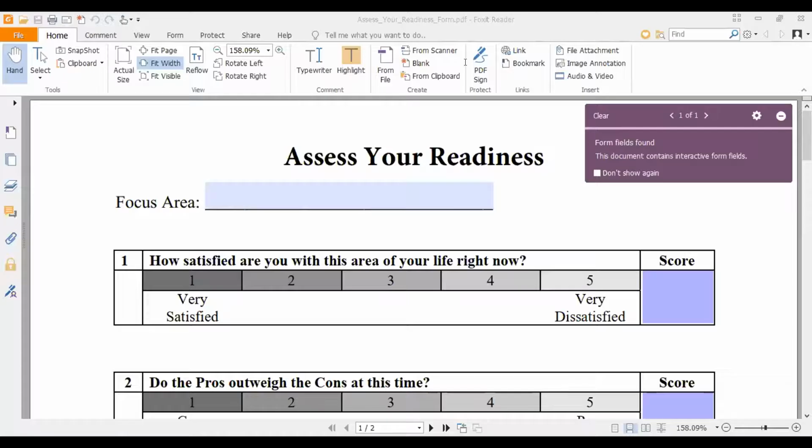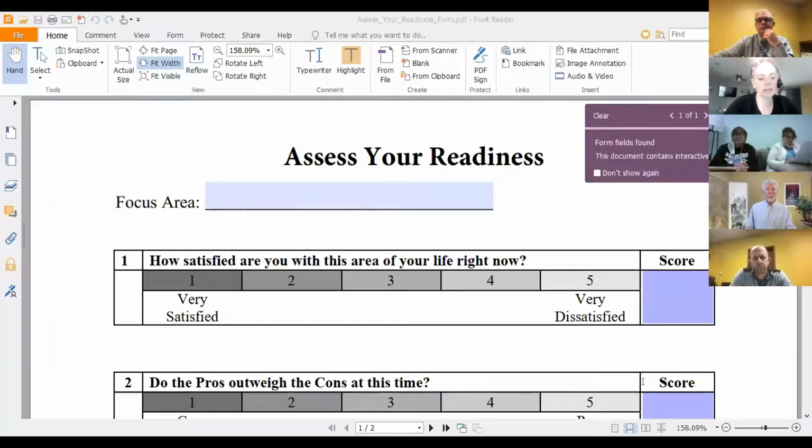Okay. Now you should see this really wonderful form. This was something that was created in the Circle of Life program by Roger and his wife. And Dennis, you could probably come in here too. I've used this form in many different ways since we received our certification and went through the program.